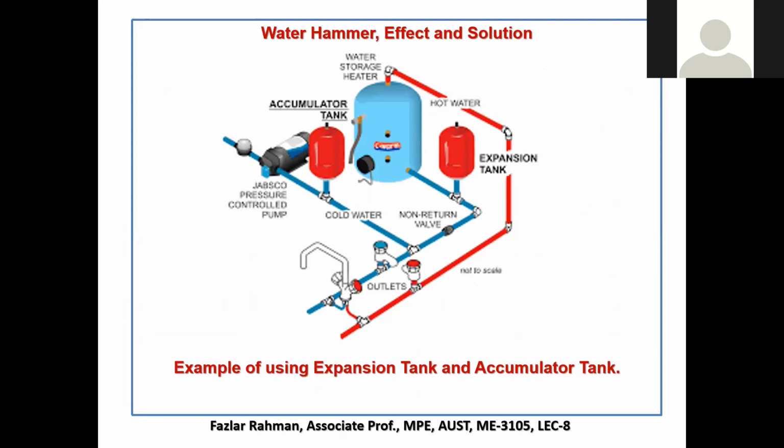Say you are closing a certain valve, then fluid will still be coming, but it has the property of compressibility, so it will compress. But if you are working with a liquid, then water hammer will be heavier than when working with gases.